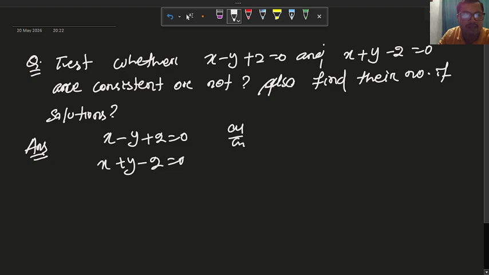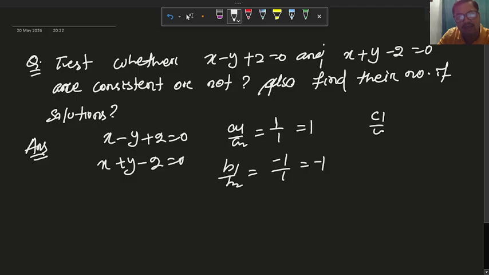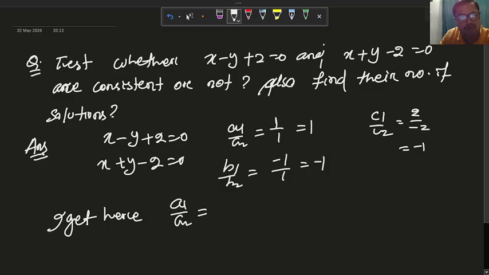So, a1 by a2 here is 1 by 1 equal to 1. b1 by b2 equal to minus 1 by 1 equal to minus 1. c1 by c2 equal to 2 by minus 2 equal to minus 1. So I get here that a1 by a2 is not equal to b1 by b2.